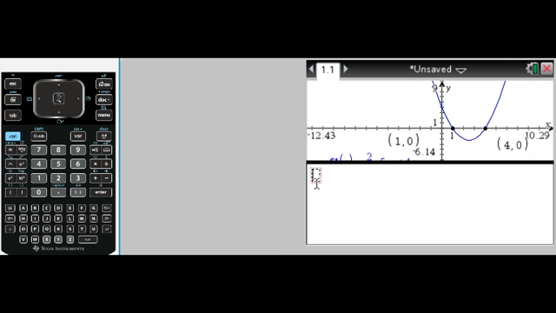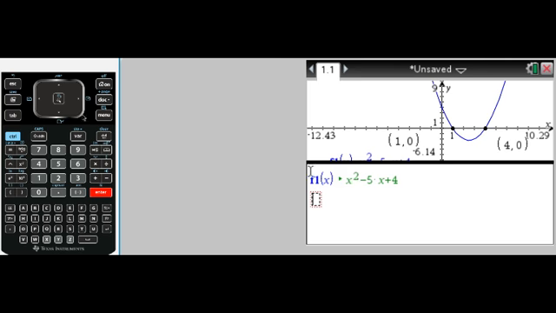So here I'm just going to put F1 of x. And there's our function. And here it is written as a quadratic without it being an equation, because there's no equals sign here. It's just showing what that is.